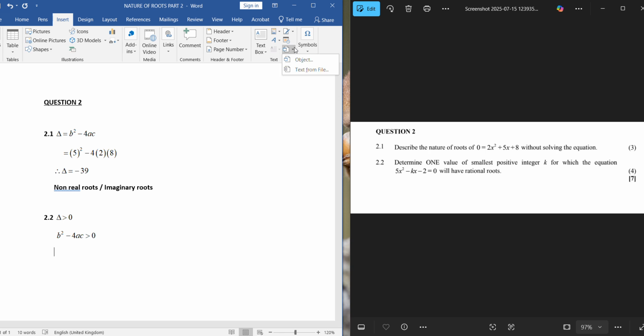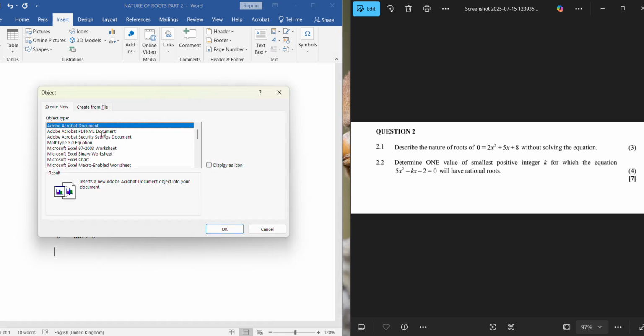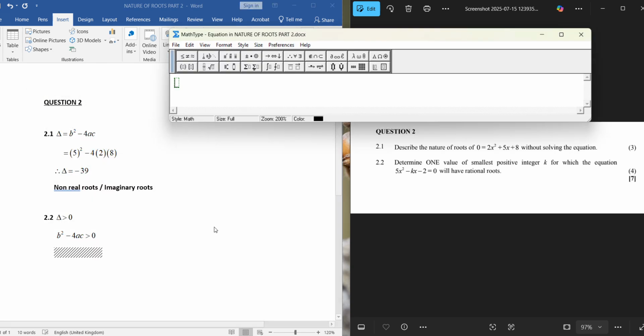Now let us substitute into that equation of delta. Then we start with the square. We substitute the value of b in brackets. Now we go to an x. Here it's an x. What do we have before an x? Here, this negative k represents the b.